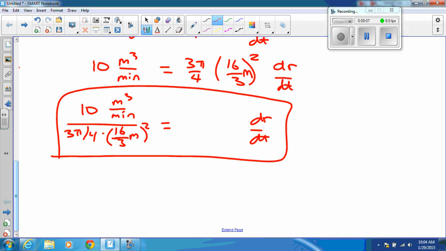The inside is r itself. Notice that you can't really abbreviate like that.